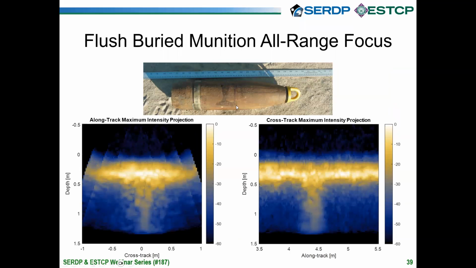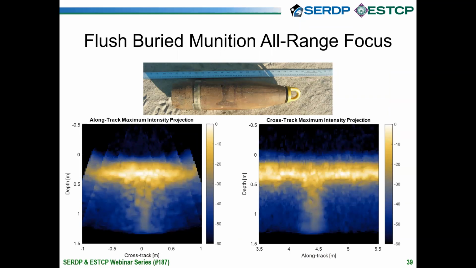So this is showing an example of a 155 howitzer shell that was deployed at the littoral warfare environment at the Aberdeen Test Center. This particular howitzer was then flush buried so that it was just barely covered by the sediment.